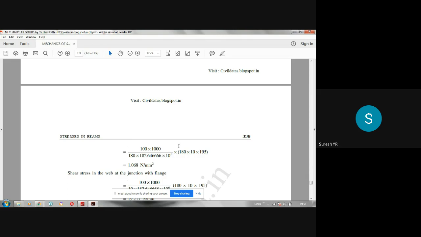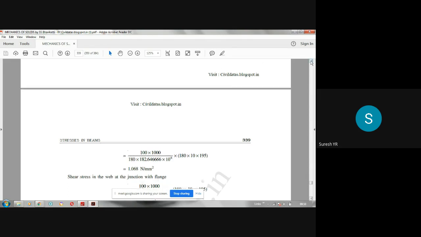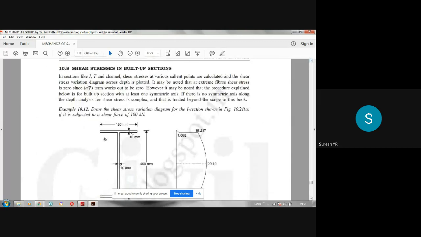This is one value. Now, very important, observe here. There are two widths here. If you consider the flange portion, the width is 170, but if you consider the web portion, the width is 10 mm. That means you have two values of shear stress here: one for B equal to 10, another for B equal to 170. That value is called the shear stress at the top of web.